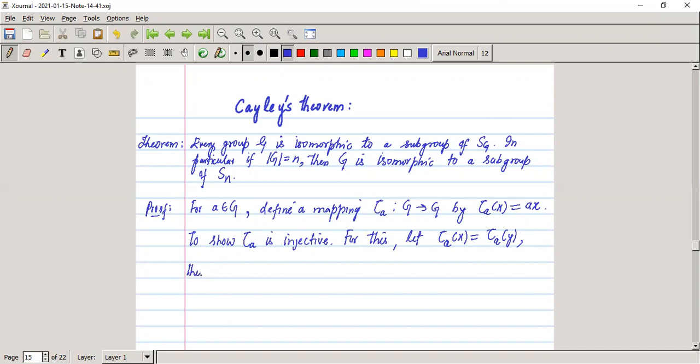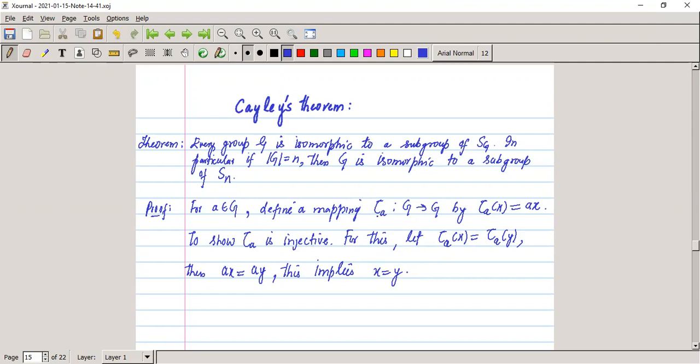Then by definition, ax is equal to ay. And this implies x is equal to y. And this follows from the cancellation law in the group G. So therefore the mapping tau_a is an injective mapping.